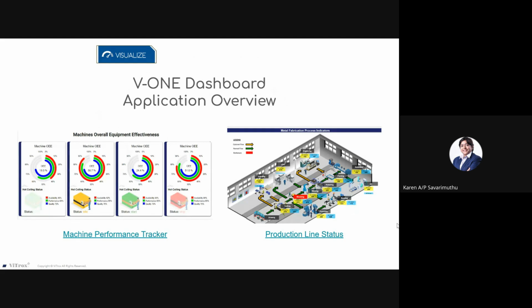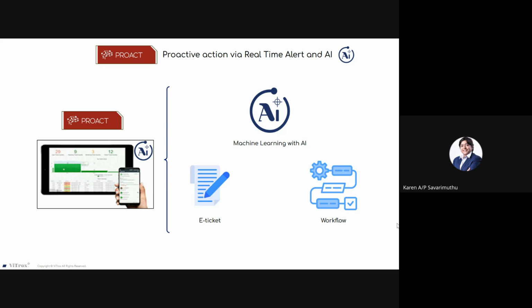So we talk about a lot of information: we have data extraction, then we have visualization, and then we have proactive actions and all that. In V1 we also have our embedded AI system, where a lot of times when we already have the model training, we will immediately provide you those dashboards or workflows inclusive of AI.